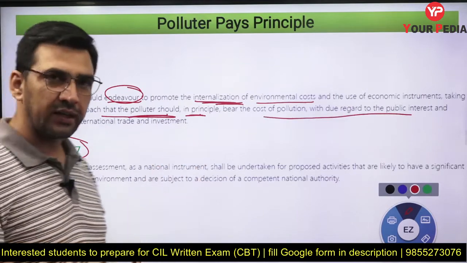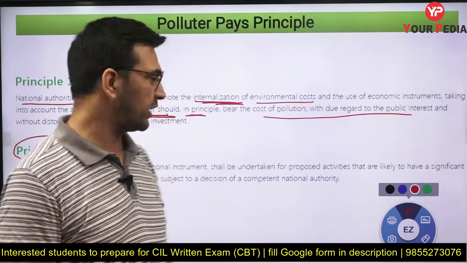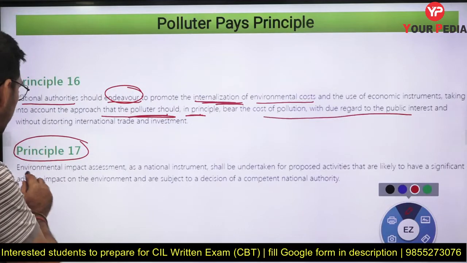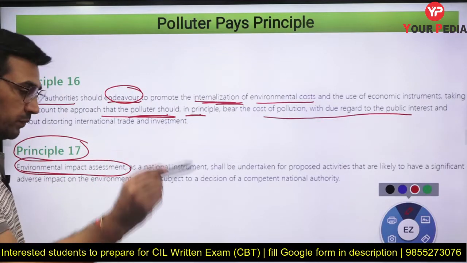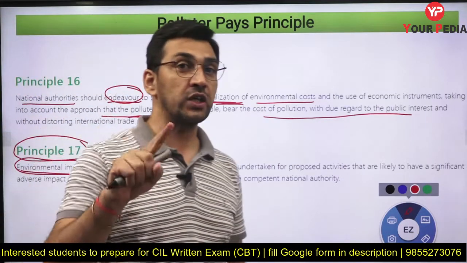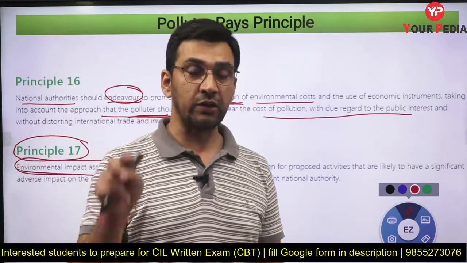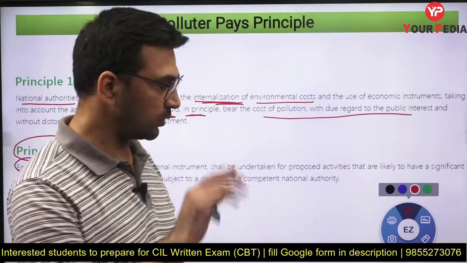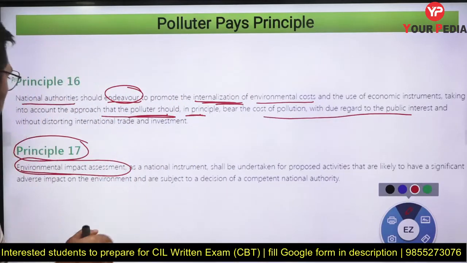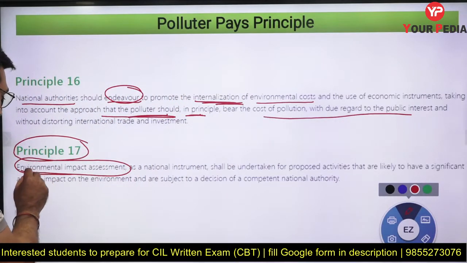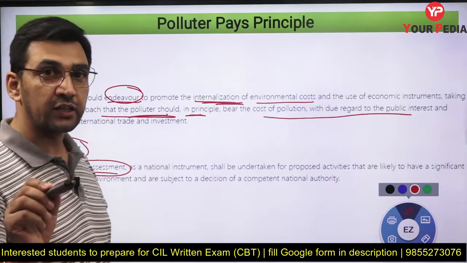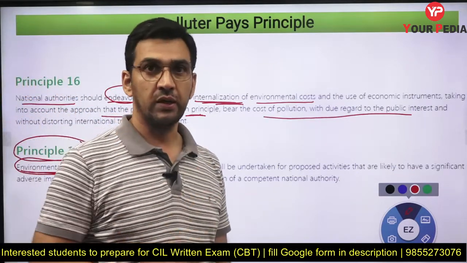In addition to it, there is one more principle that is not related to this, but since they are close to each other, 16 and this is number 17, I have highlighted it. This is related to environmental impact assessment. Now environmental impact assessment is another very major topic in this environmental section, and we will be discussing different aspects of it in detail. But you should also remember under which principle of the Rio Declaration it has been mentioned.